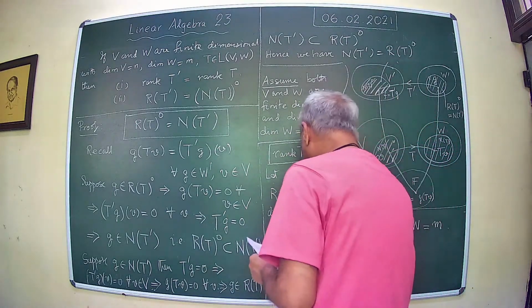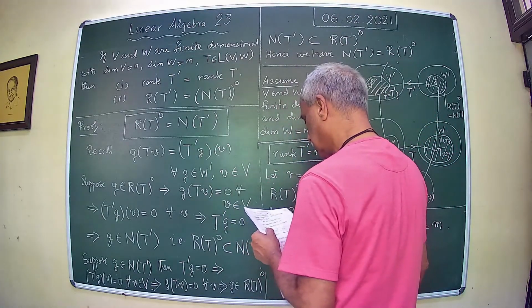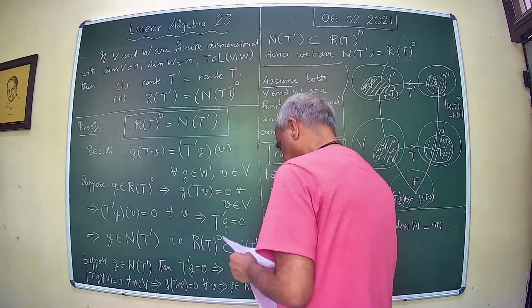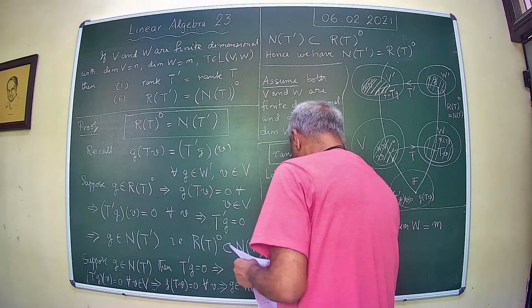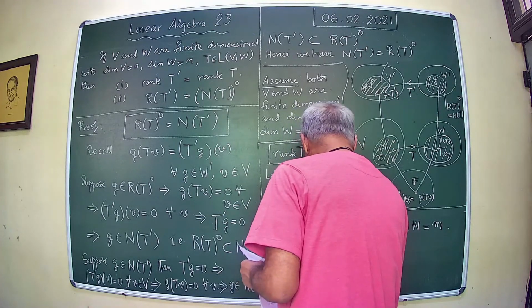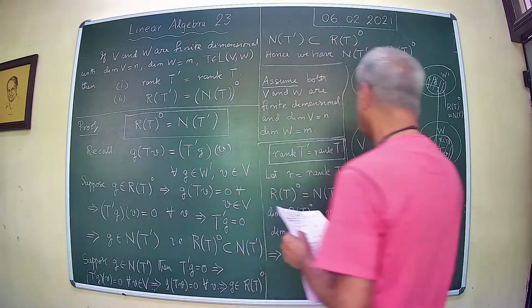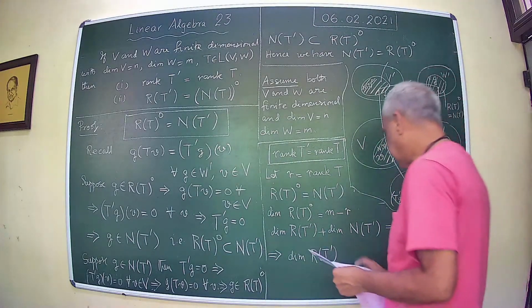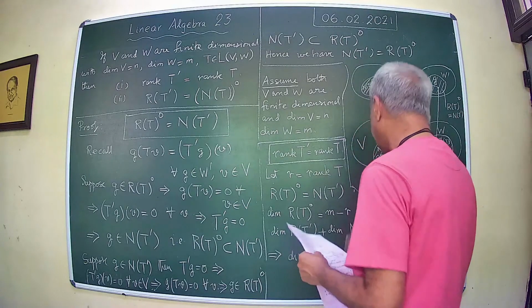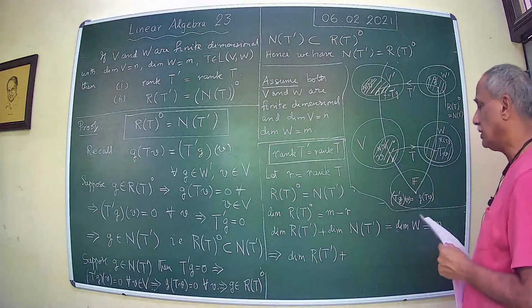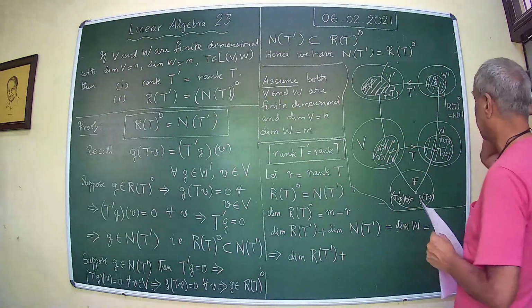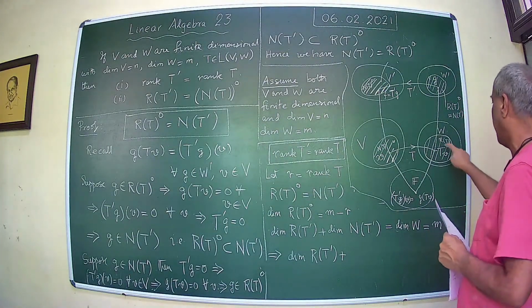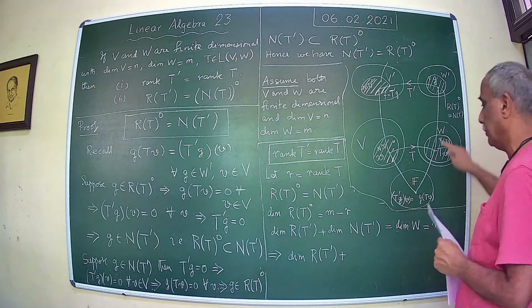So we have dimension of RT prime plus what is dimension of NT prime? We have already seen that NT prime can be identified as RT.